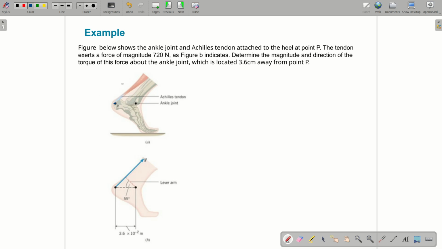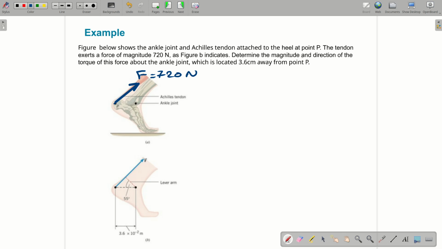The tendon exerts a force of magnitude 720 Newton. Let me choose a straight line here. So there's a force applied here by the tendon, and that force is equal to 720 Newton. It's shown here.